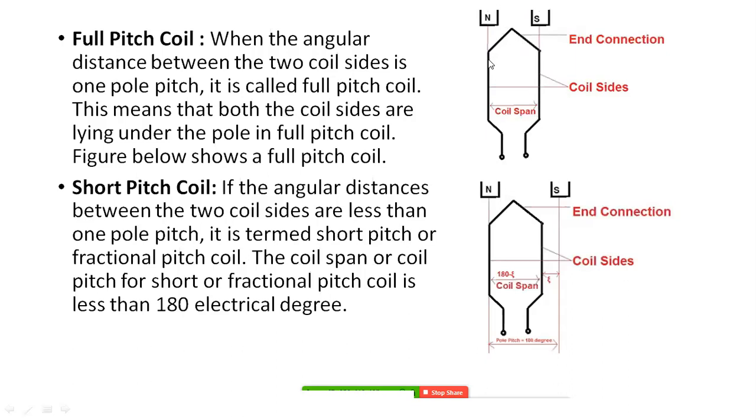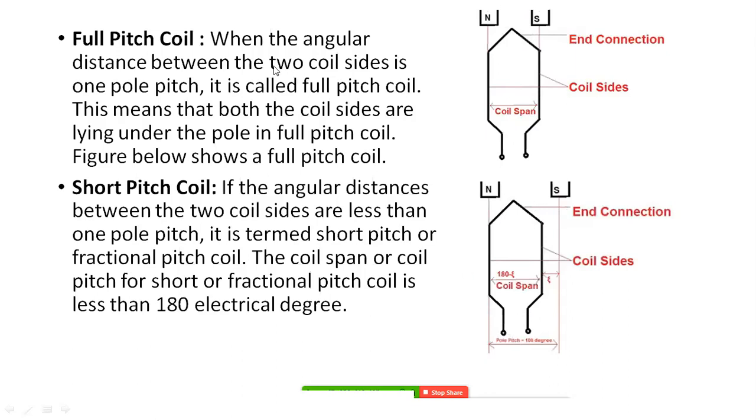If each turn comes under both north and south pole, then it is known as full pitch. If the coil distance is less than north and south pole, then it is short pitch.